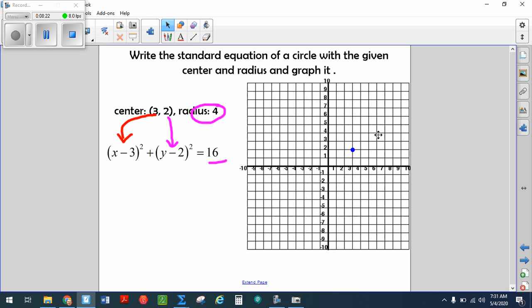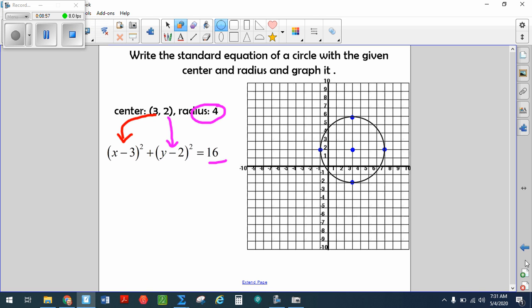And then I have a radius of 4, so I'm going to go 4 to the right, 1, 2, 3, 4 puts me at 7, 4 to the left, 4 up, 4 down, and then I'm going to draw a circle. I have a circle tool that makes it much easier than trying to draw it freehand. And that's my graph to go with my equation.